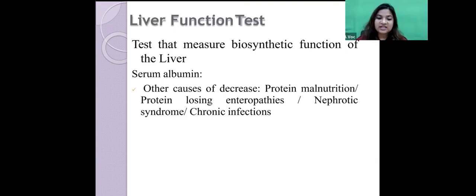Next are the tests that are based on abnormalities of bile pigment metabolism. To rule out any kind of abnormality in the bile pigment metabolism, different types of tests are performed. The first one is the Van den Bergh reaction and the serum bilirubin. Bilirubin is usually estimated by the Van den Bergh reaction, which involves the diazo reagent.